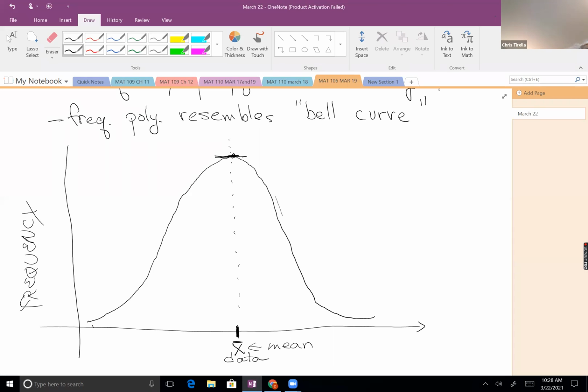And if something's normal, the frequency polygon will look somewhat like that. I mean, it would be a polygon, so picture this being kind of broken lines as opposed to a smooth curve. But if my population were really, really large, I'd have so many points that those lines would actually start looking like a curve.